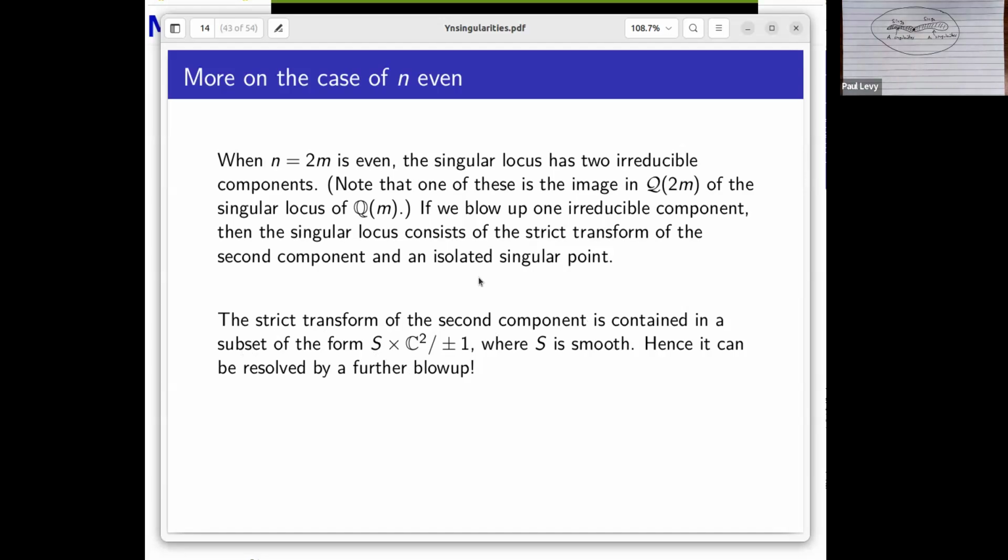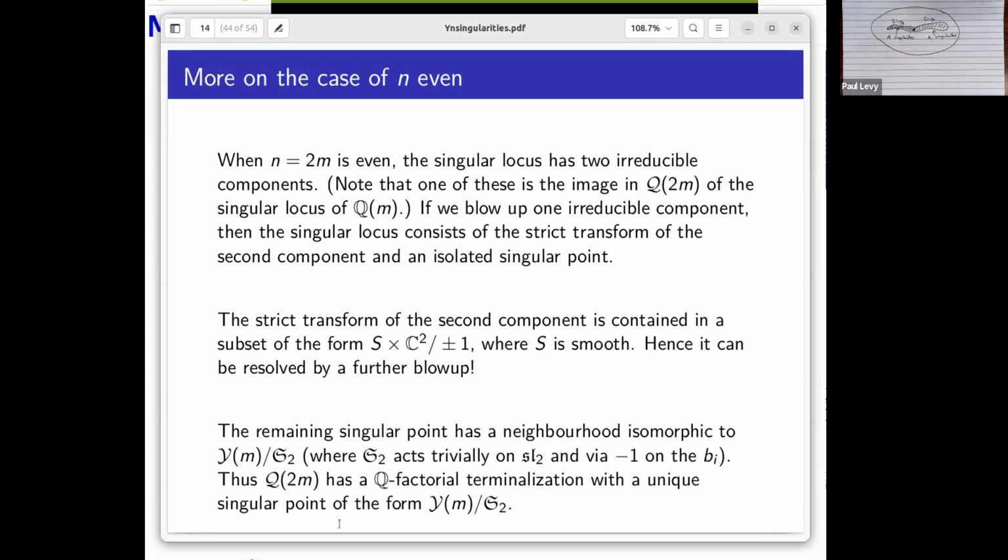So this process, where you blow up one irreducible component and then resolve the other one, leaves you with an isolated singularity. And what is that isolated singularity? Well, it turns out that it's just Y of m over S2, where m is equal to 2n.